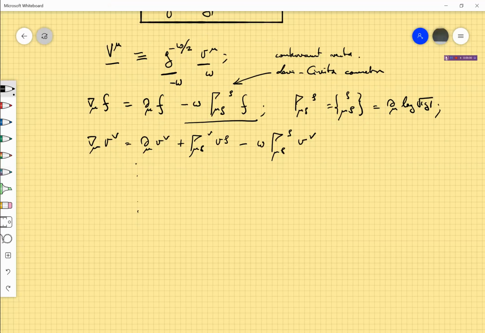You can check that this works well for the determinant of the metric. The metric is covariantly constant for the Levi-Civita connection. This means that the covariant derivative vanishes. You would expect that the covariant derivative of the determinant of the metric also vanishes.